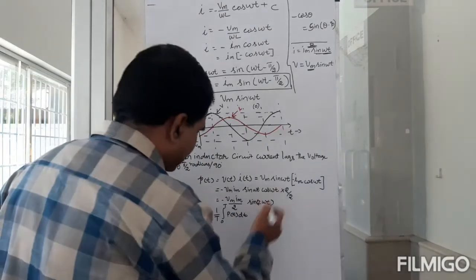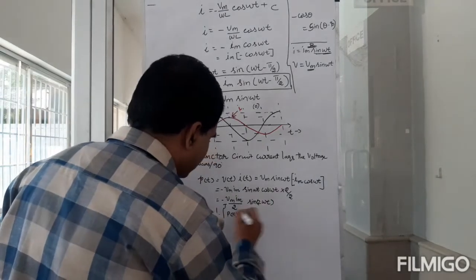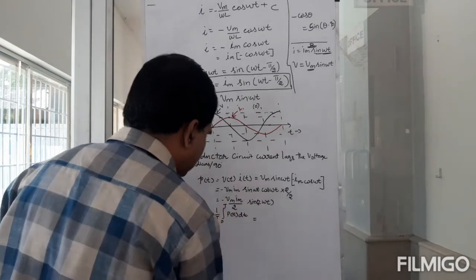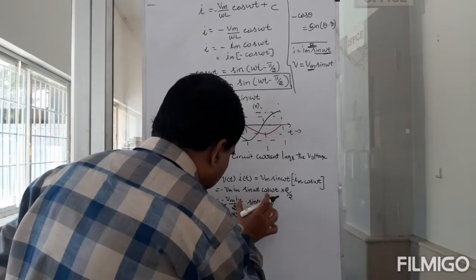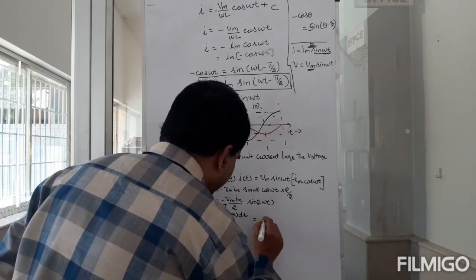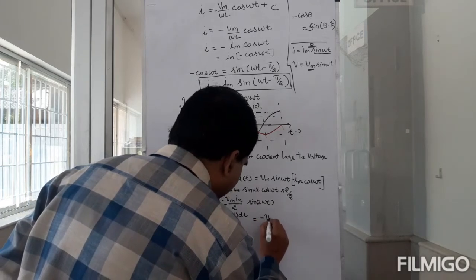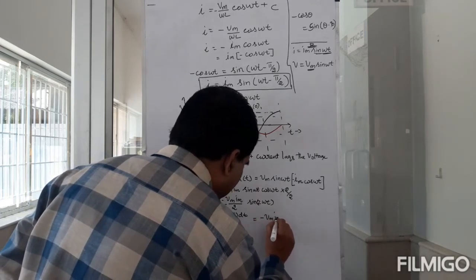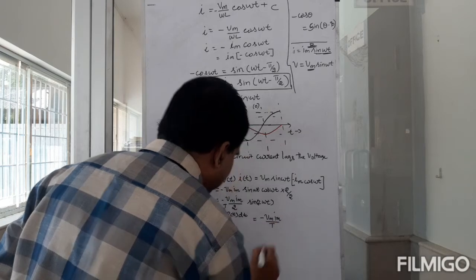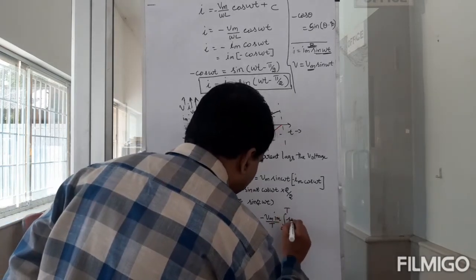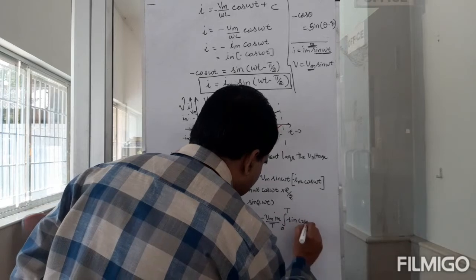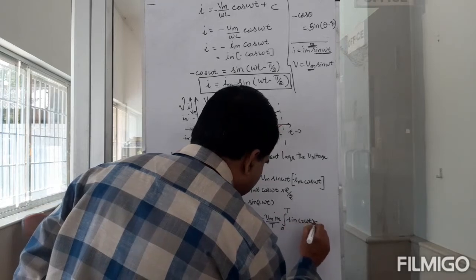If I apply this function to this one, I'll get minus Vm Im by T, integral 0 to T sine 2 omega t dt.